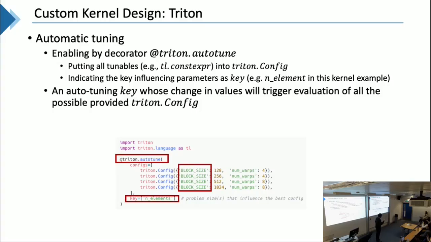In Triton, they actually help you do everything automatically. Let's say you tell this program, okay, let's try different block sizes, for example, 128, 256. For the different block sizes, they will try on the target GPU and select the optimal one for you. And this is what we call auto-tuning. And it's not just limited to block size. You can also introduce other parameters.